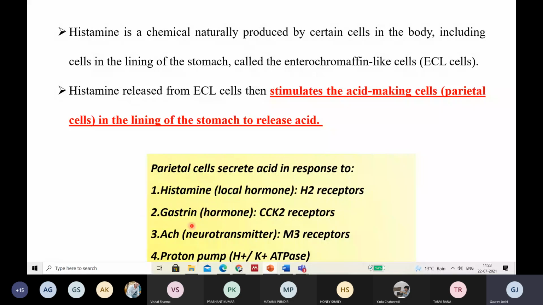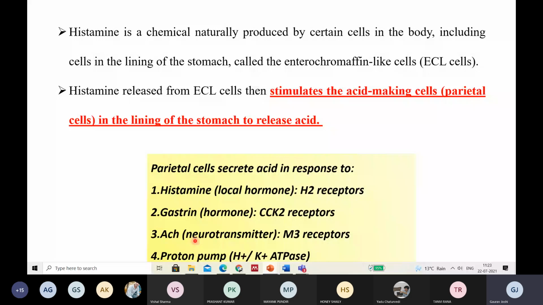Second is the gastrin hormone, right? So gastrin hormone also produces the acid. It is mediated by the chemokine 2 receptor. So if you are blocking the chemokine 2 receptor, you are blocking the gastrin and you are controlling the acid release. Then there is acetylcholine. Acetylcholine is again a neurotransmitter which acts on the muscarinic 3 receptors, right? So if you are blocking the muscarinic 3 receptor, you are blocking the effect of acetylcholine, and at the same time you are controlling the acid reflux.